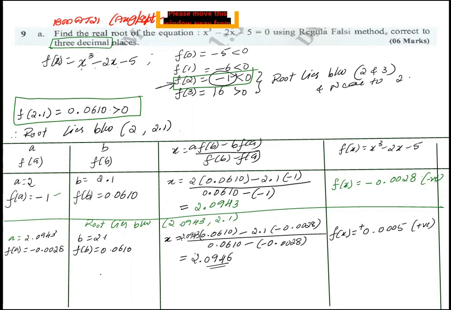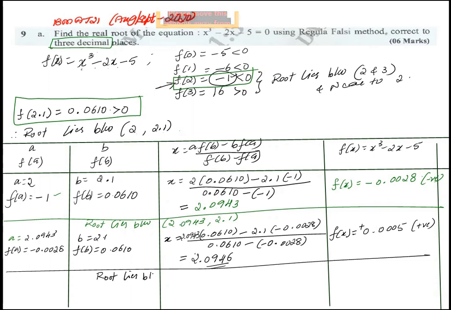So if the positive value occurs, then your root lies between these values. You should change this one, that is 2.0943, and the new value, that is 2.0946. If it is positive, you should change the positive value.